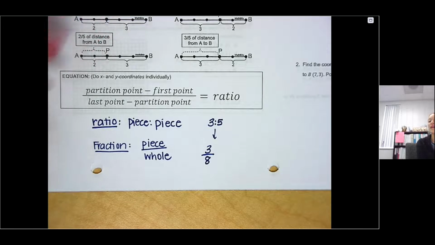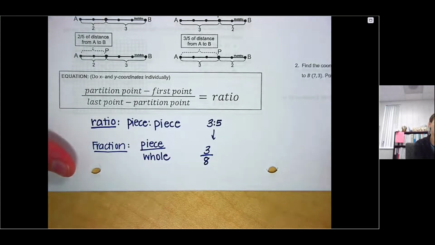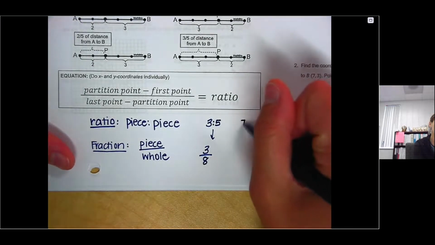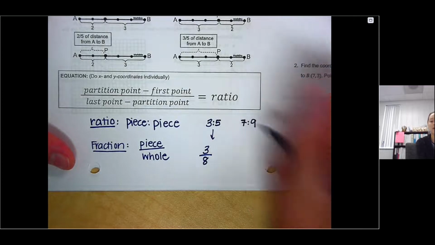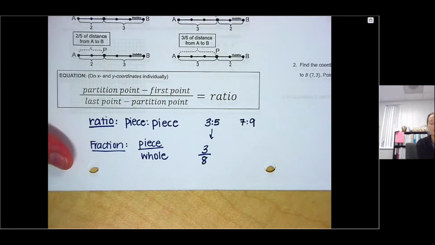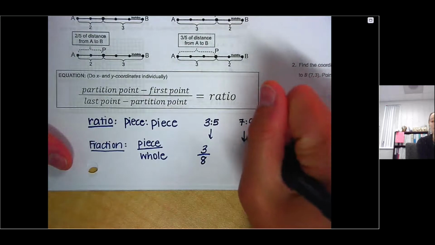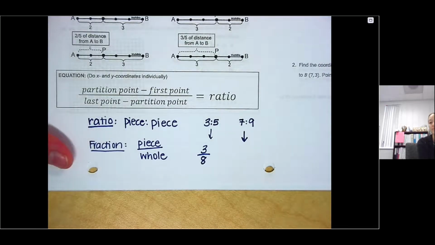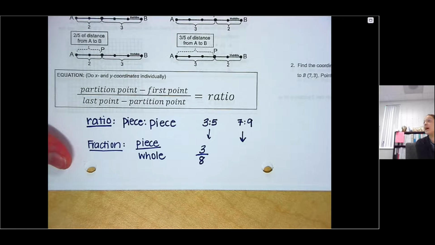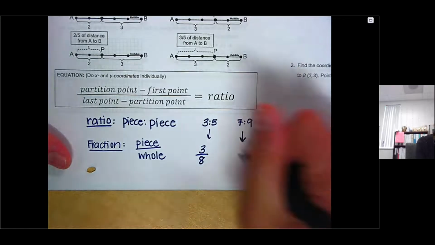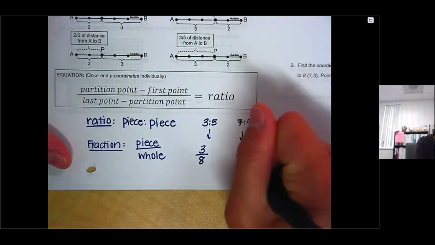So 3 to 5 as a ratio is 3/8 as a fraction. Good. What if I gave you 7 to 9 as your ratio? What would that be as a fraction? It would be out of 16. So it's 7 out of 16.